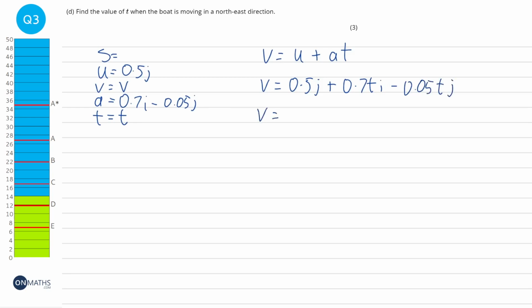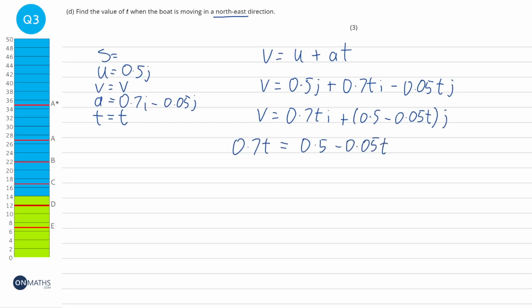Put the i's and the j's together, so we'll have the 0.7ti, and then we've got the 0.5, which is here, minus the 0.05t, this one here, and all that's the j. The i components are equal to the j components because it's heading northeast, similar to part C. So it would be 0.7t equals 0.5 minus 0.05t.